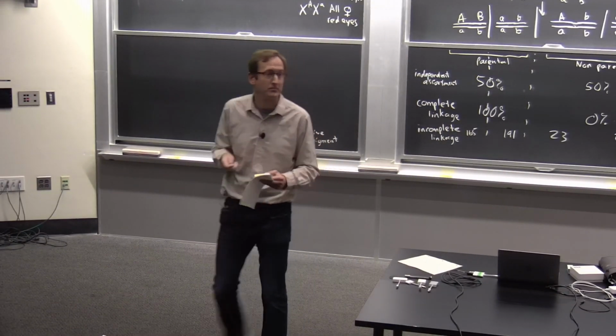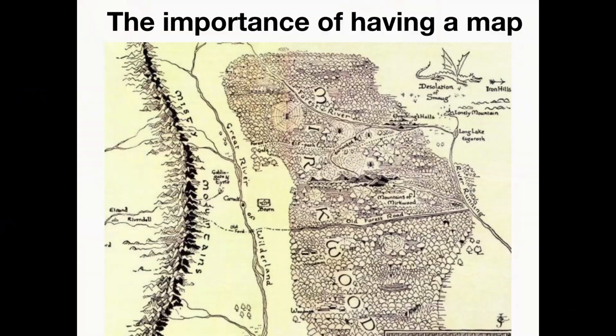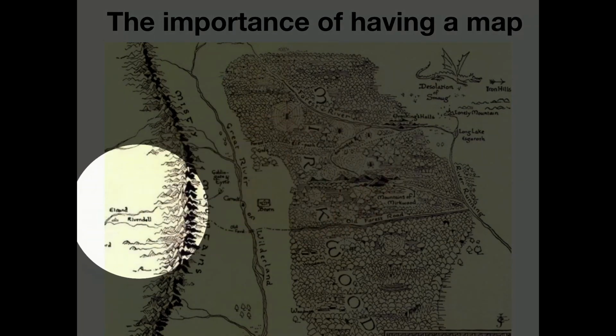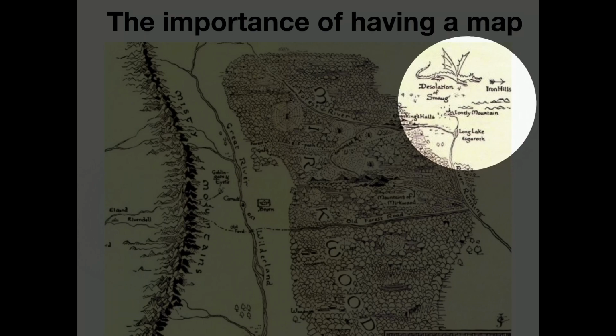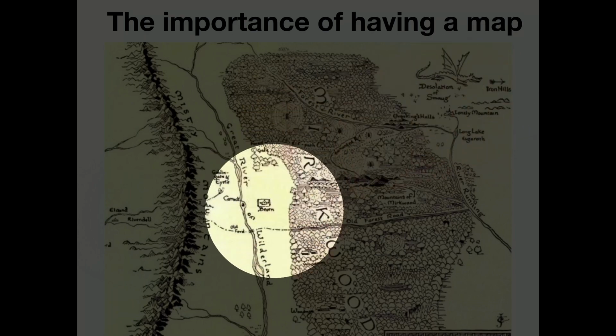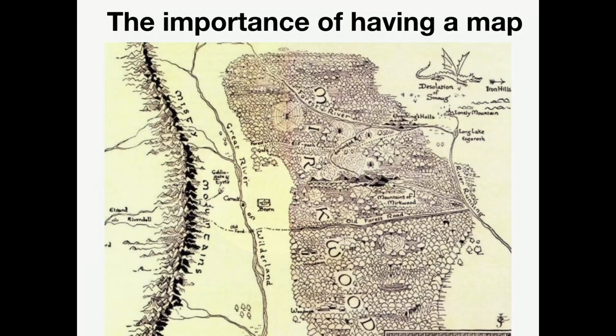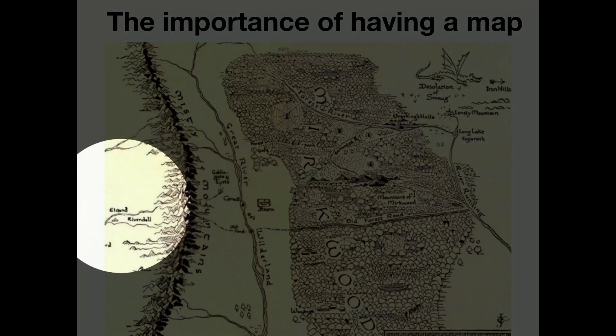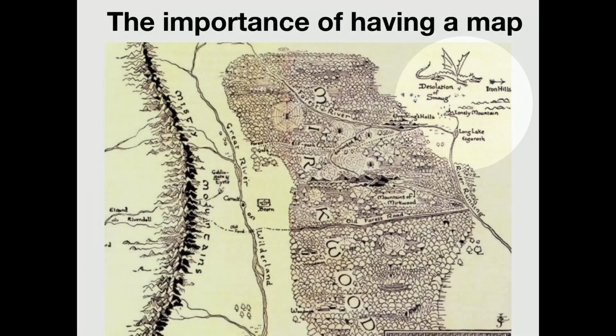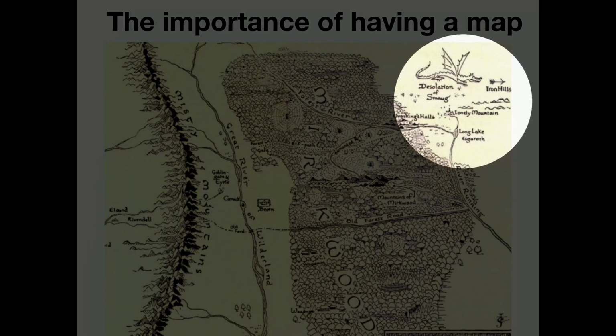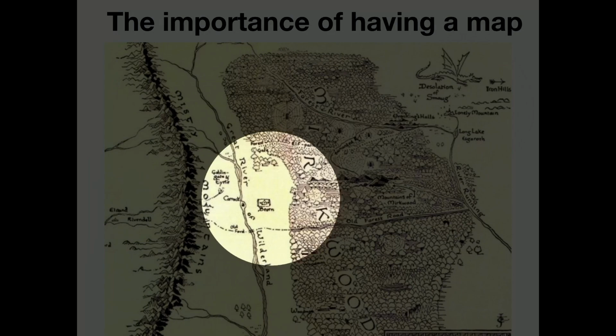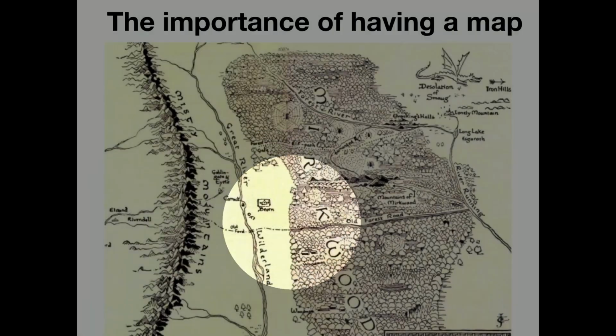chromosome. Okay? And maps are useful because you can see where stuff is, right? So in this example here, so I'll highlight a couple places. Here's Rivendell. Here's Lonely Mountain. Here's Beorn's house. So let's say we were able to determine the distance between Rivendell and Lonely Mountain, and the distance between Lonely Mountain and Beorn's house, and the distance between Rivendell and Beorn's house.